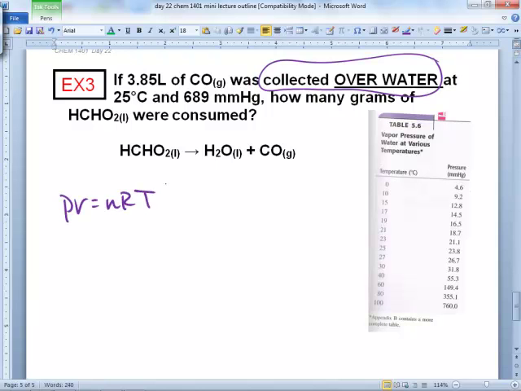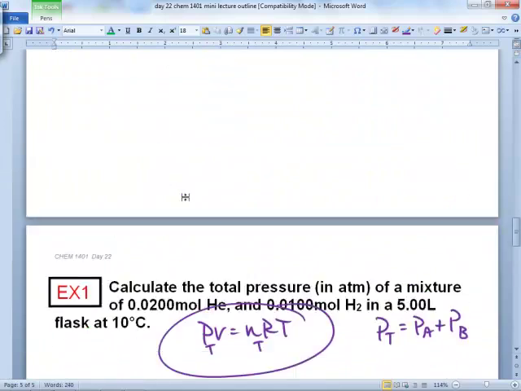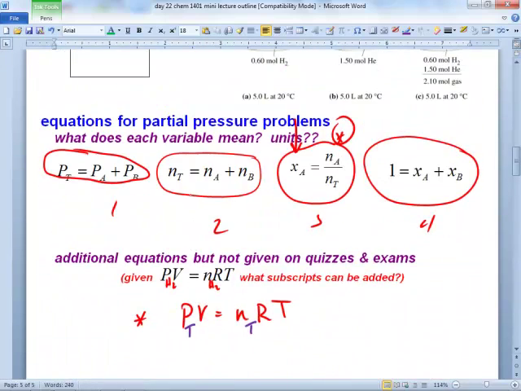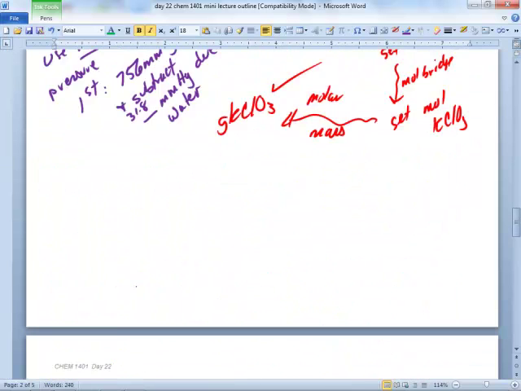Notice how, if you go back in all these equations you have to pick from, a lot of them you can rule out. There's no talk about partial pressures. There's no talk about the total moles. There's no talk about a lot of this stuff. You're really just left with one. And then you can be messing with subscripts on it if you want, but really you only have one choice.